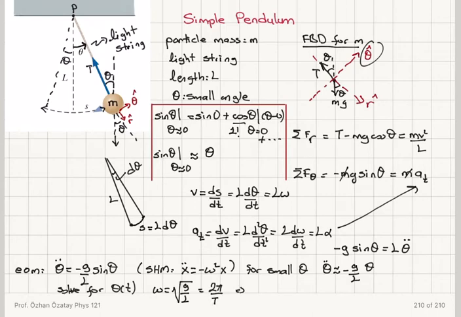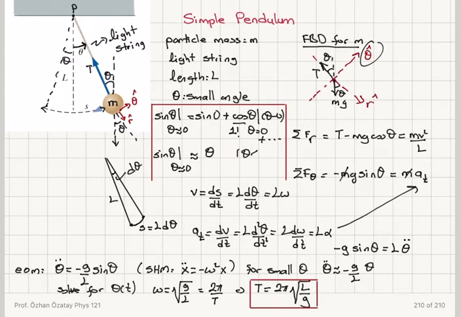So I recognize that in this equation of motion, omega is the square root of g over L, which is 2 pi divided by the period, so the period would be 2 pi times the square root of L over g. So basically I have found the period of small angular oscillation.